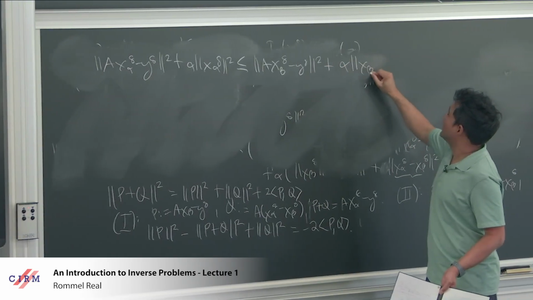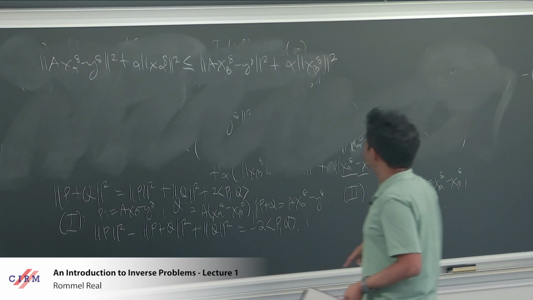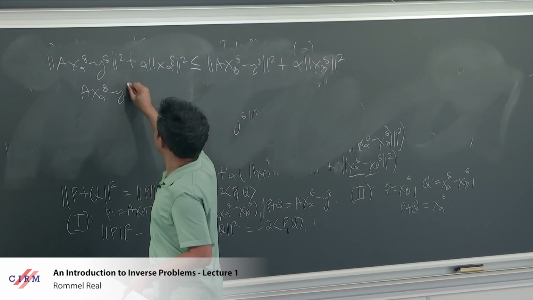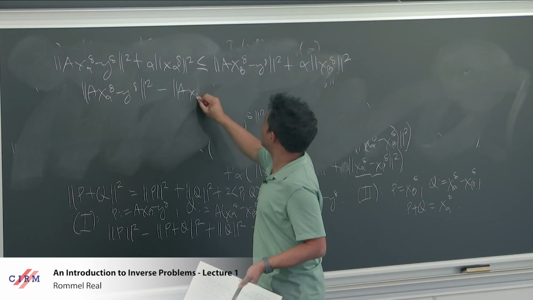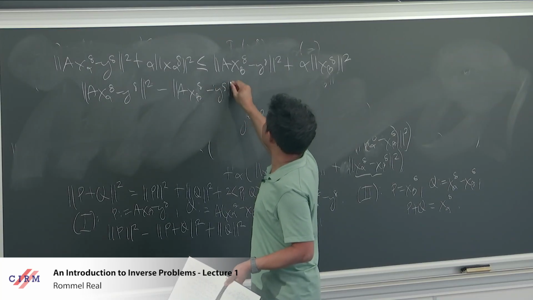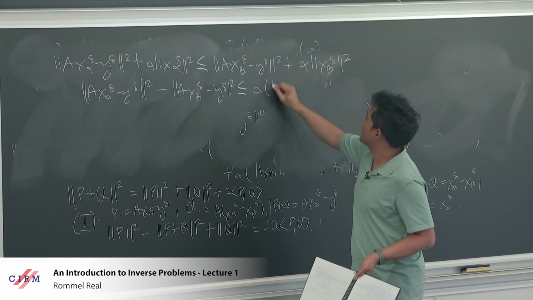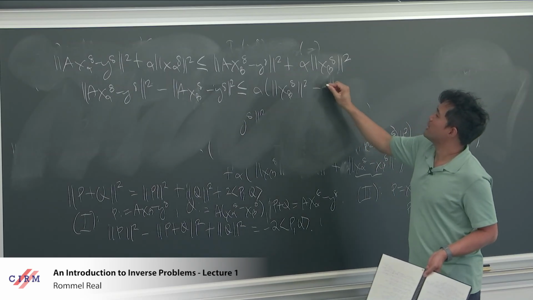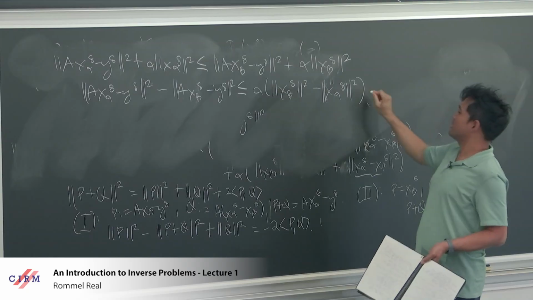Okay, and then by rearranging the terms, this will give us this one, less than alpha times the norm square of x beta delta minus x sub alpha delta square. Okay?